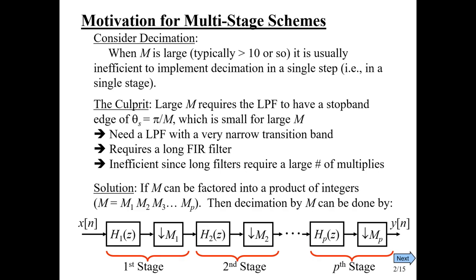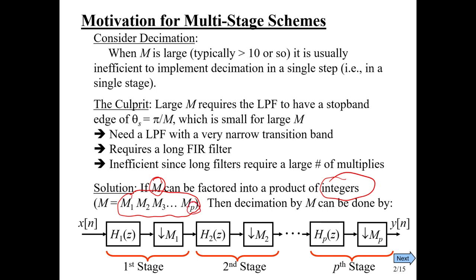So here's the solution. We're going to consider the case where M is not a prime number, but in fact can be factored into some number of factors that are integers. And it could just be 2 factors, it could be 3, could be whatever.